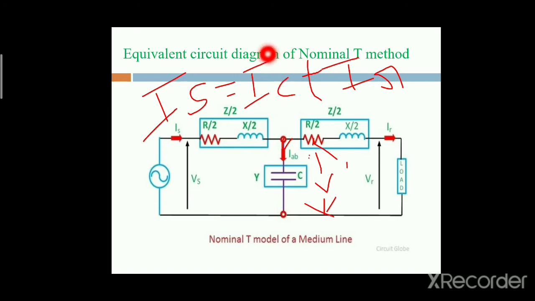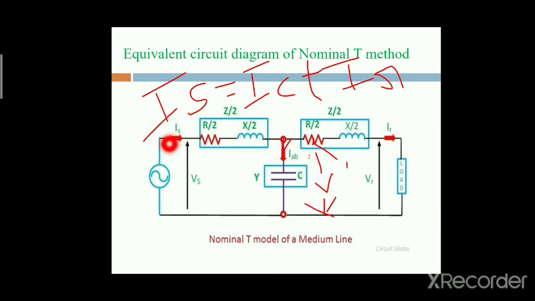At this node point, IS will be divided into two currents. Apply KCL at this junction point, then we obtain entering current is equal to the leaving currents.